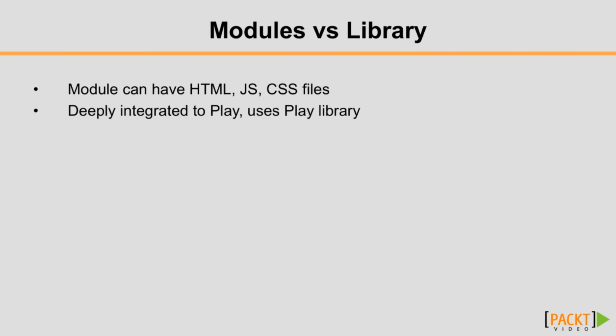The second difference is that it's deeply integrated with Play. Modules can use the Play library. So, for example, they can use the Global object that we have learned about and they can hook to application start and application end, and that code will be executed together with the code in our application. And this is why we need to use modules. This is why we can create a module and then we can use that code for all of our projects.